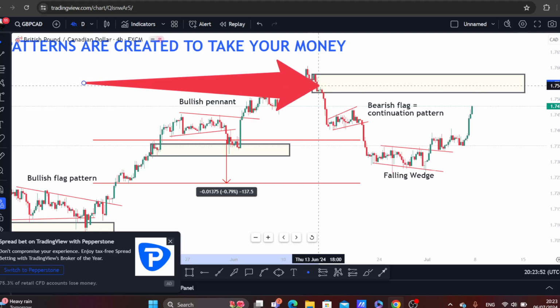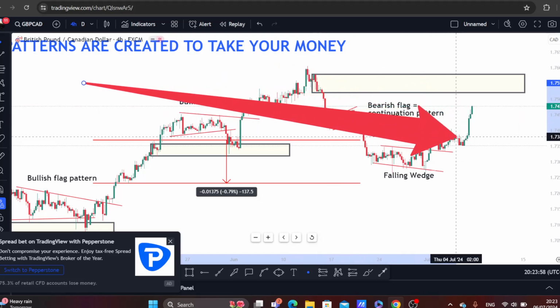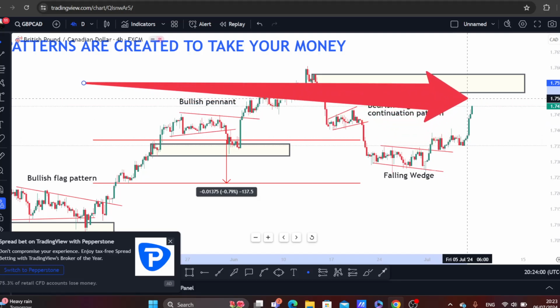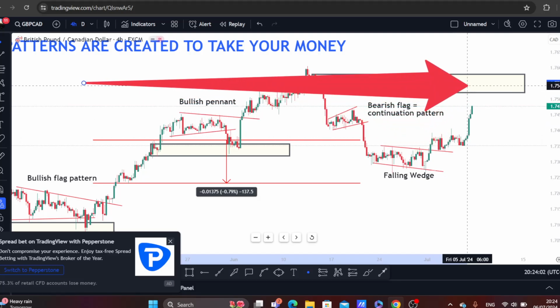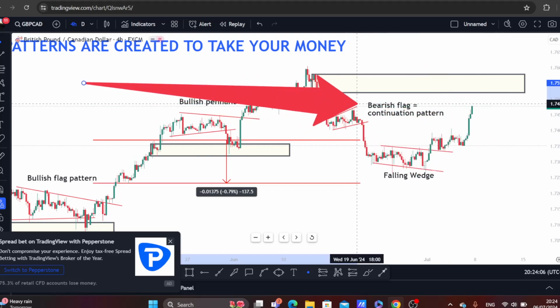Supply zone, right there. So what I think is going to happen next week is price is going to rally up into the supply zone and then drop, because they need to take the stops above here, above this bearish flag.